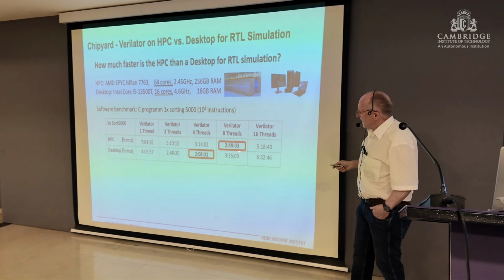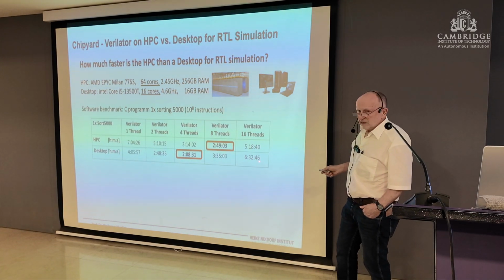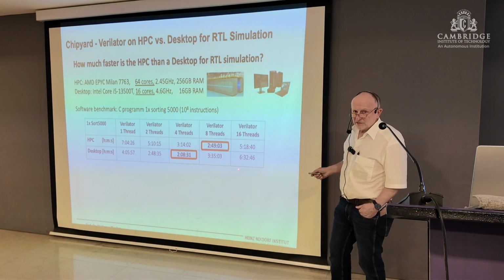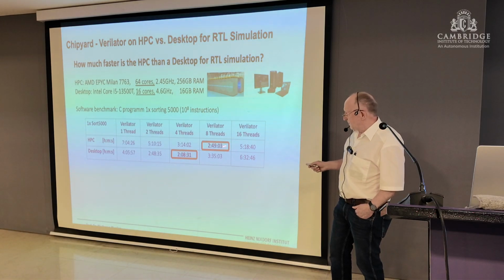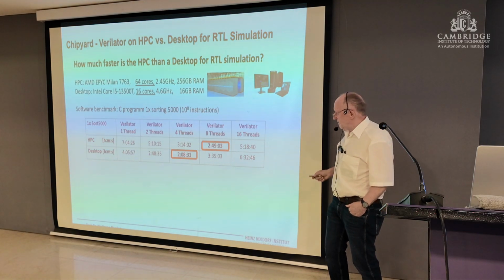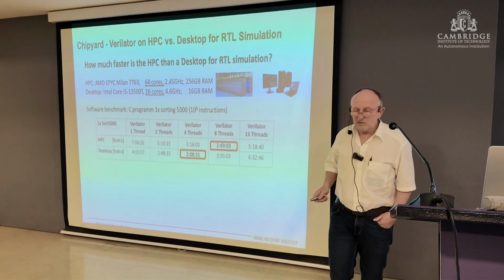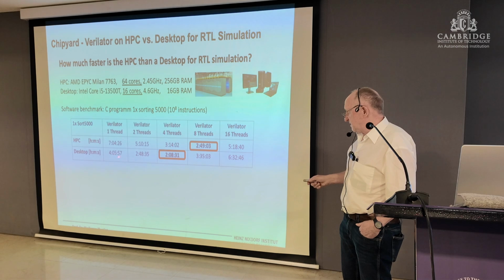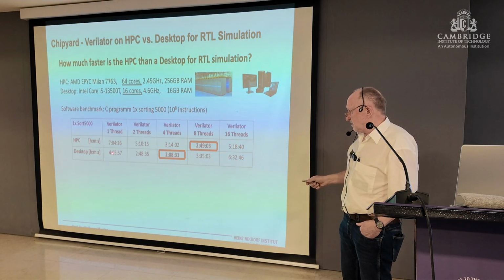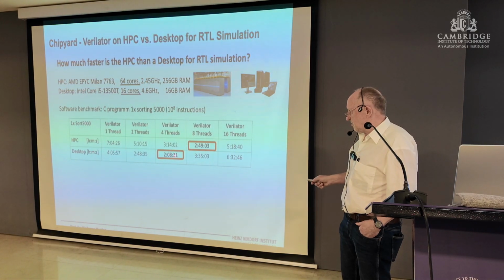So this is actually a good message for you: you can download it, and then you have faster simulations compared to an HPC center. For Verilator, you don't need more cores. You can see it here: with just 1 thread, it's double that of 4 threads.